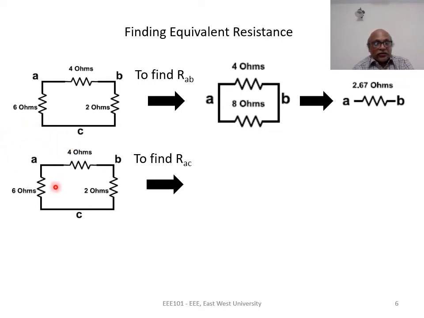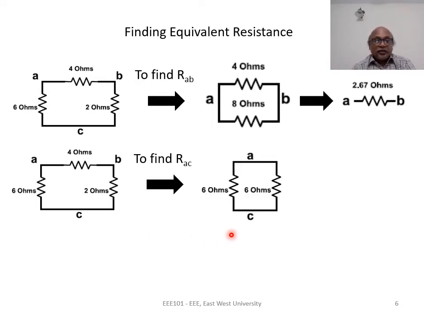That will cause vanishing of node A. And now we cannot combine 6 ohms and 2 ohms either because that will make node C disappear. So which combination is permitted? If I look at node B, I can combine 4 ohms and 2 ohms. The equivalent 6 ohms will be between node A and C, and node B will vanish. We don't mind if node B vanishes.